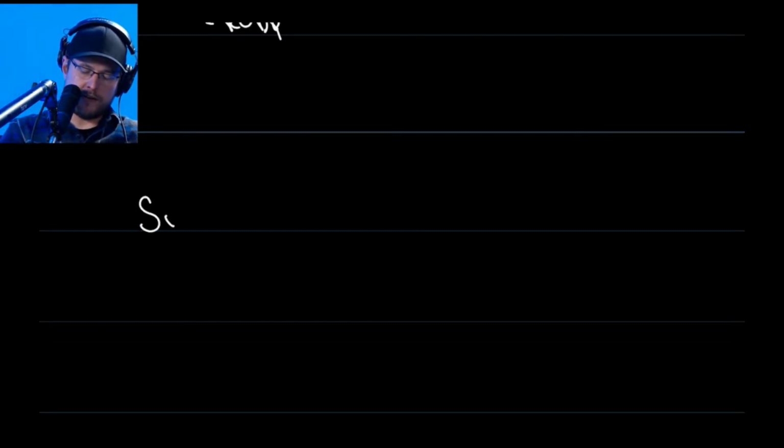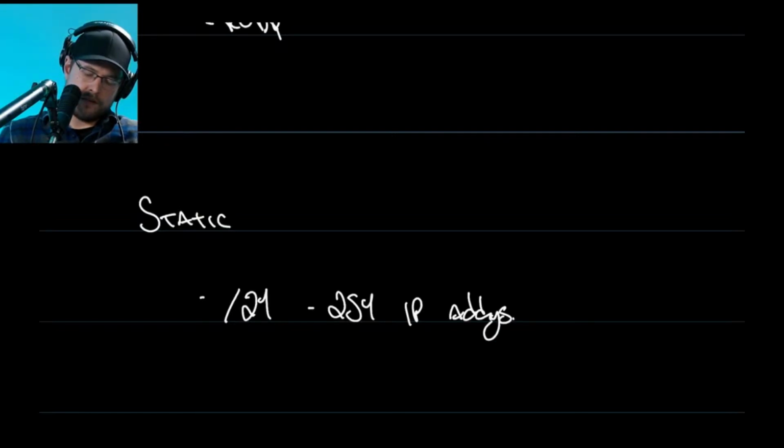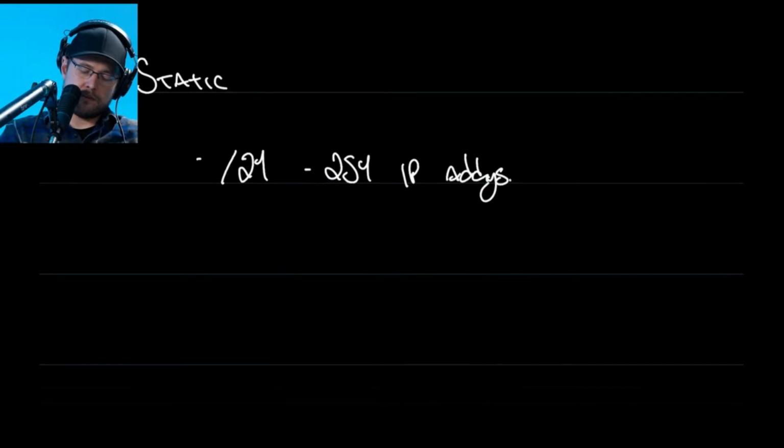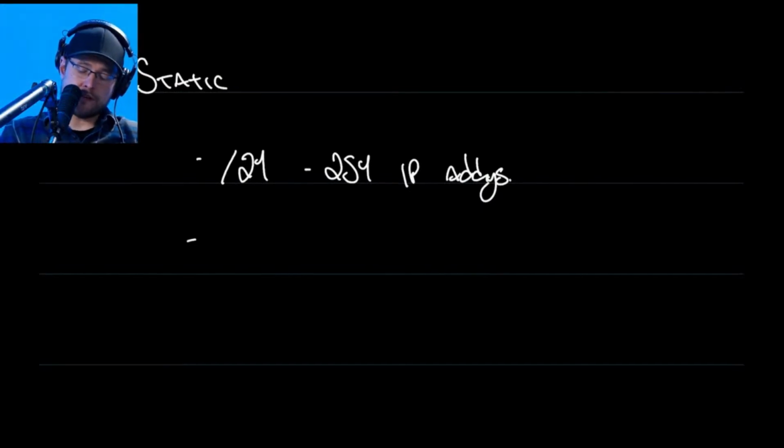You can run your network in static, absolutely. However, we do recommend that you're still running with a 255.255.255.0, so a /24 network, which will give you 254 IP addresses. And I recommend that you run a discovery server.